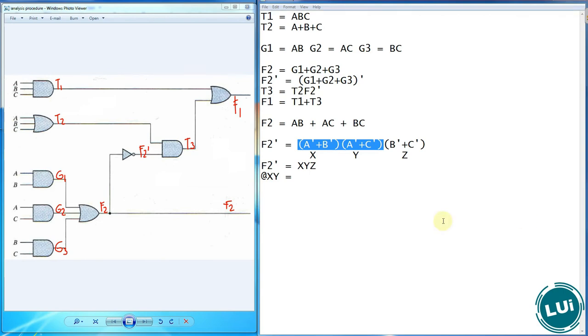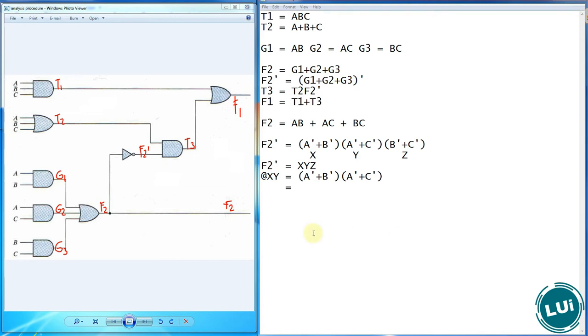Let's take that and distribute it, using the distributive property of Boolean algebra. So you have A prime and A prime, or A prime and C prime, or B prime and A prime, or B prime and C prime.